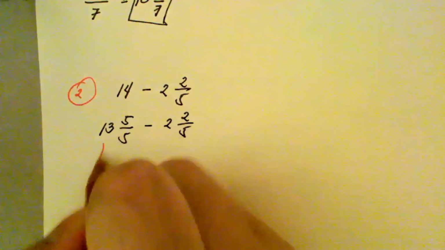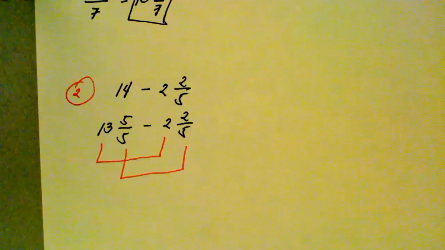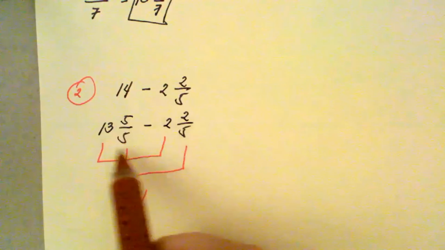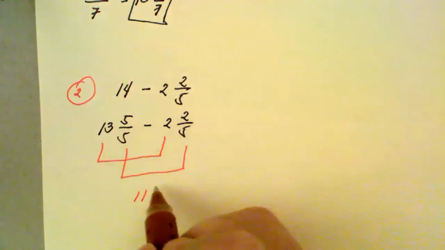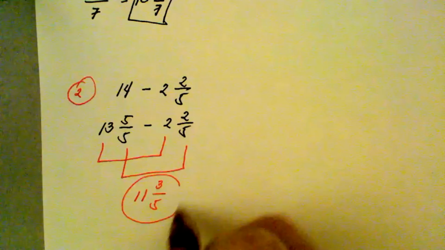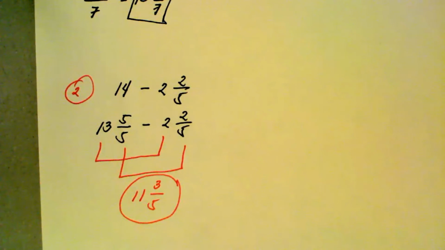Next step is work with the whole numbers and the fractions separately. So 13 minus 2 gives us 11. 5/5 minus 2/5 is 3/5. So our difference is 11 and 3/5.